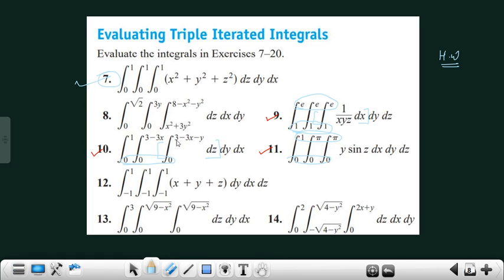So z varies from 0 to 3 minus 3x minus y. Treat z as a constant, integrate dz, then we get z, apply the limits, and we get 3 minus 3x minus y after the first integral. There will not be z, but y and x will be there. And you try to solve these three problems.